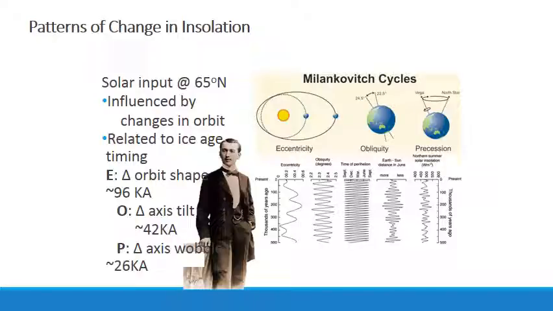So the third process, which Milankovitch called precession, is sometimes called the wobble of the Earth's axis. It varies over a 26,000 year time scale, so that the north polar axis is oriented at the North Star now, but in 26,000 years it will be pointed towards Vega.